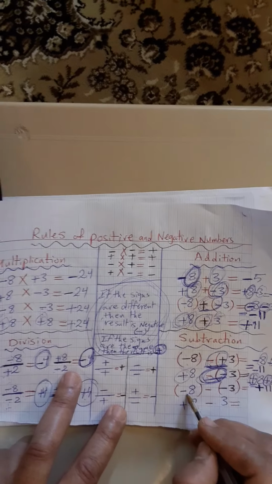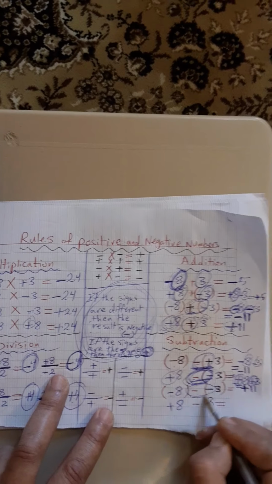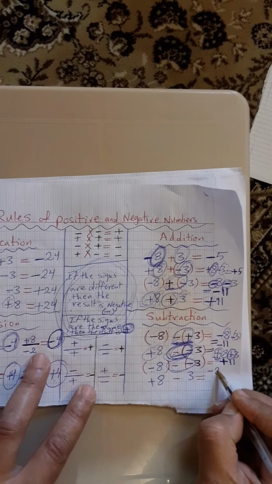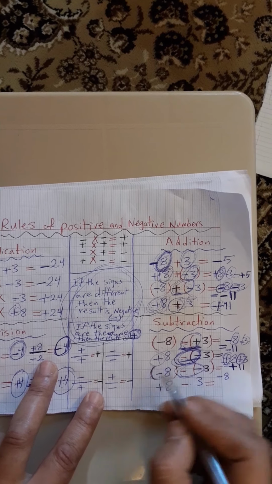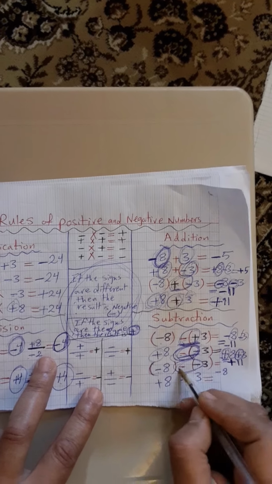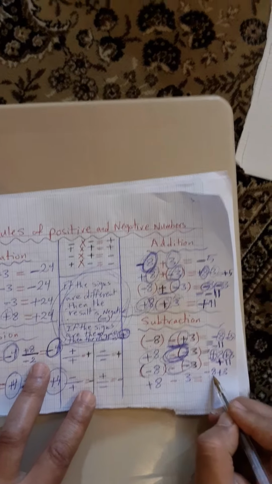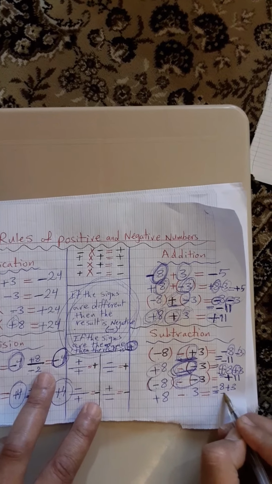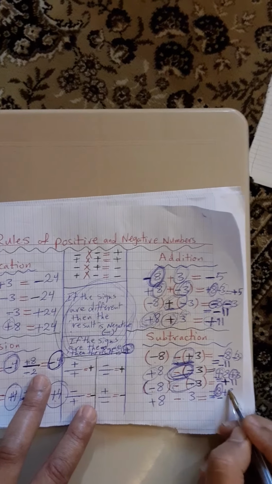In the third example, minus 8 minus minus 3, you must multiply minus times minus. Then we can say minus 8 plus 3. If we have different signs, you keep the sign of the greater value.